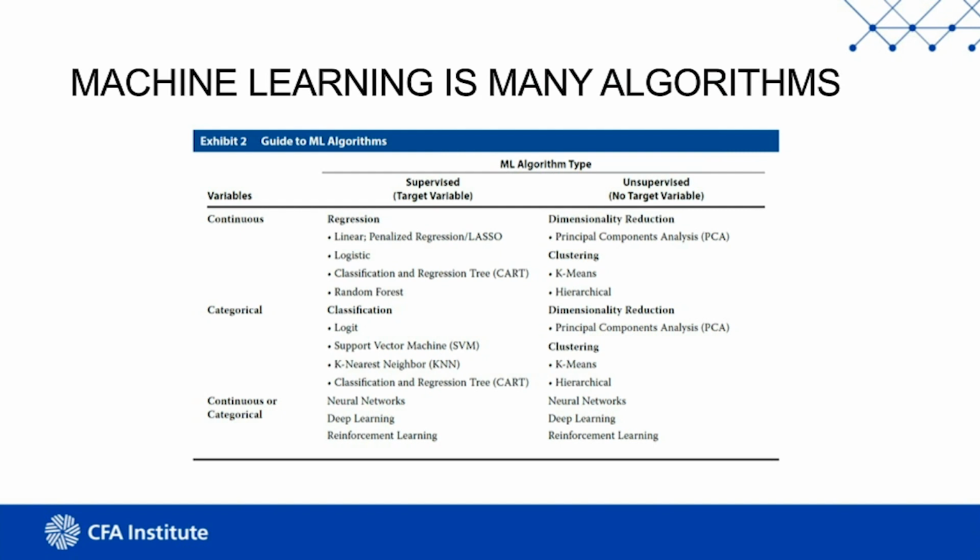All that means is, do we have a known thing we're predicting or not? So if we don't have something we know we're predicting, really the algorithm is just sort of simplifying the data. But if there's a target variable, then we're making a very specific prediction. What will the outperformance be? What will the category be?